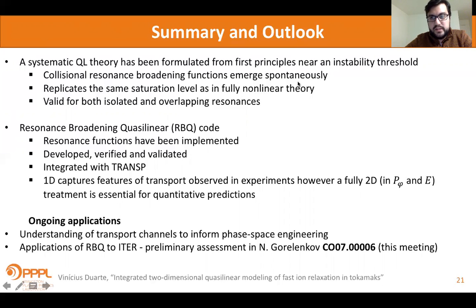Before, we didn't know what they were, and we used a heuristic approach only. That framework allows quasilinear theory to replicate the exact same saturation level as in nonlinear theory, and that formulation has been validated. It is valid for both isolated and overlapping resonances.